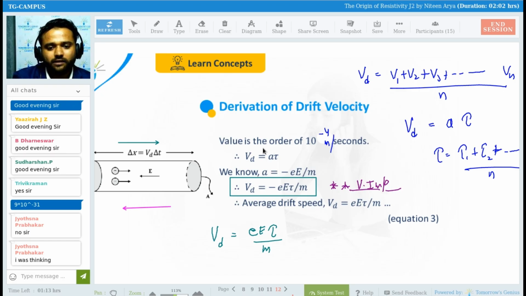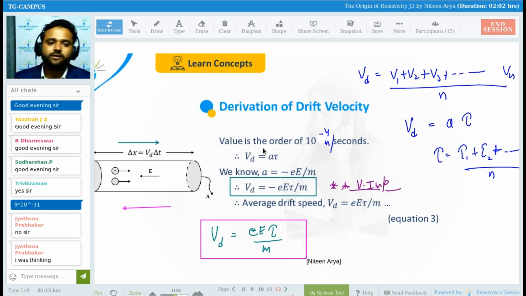We are curious to get the magnitude, not the direction. This negative sign gives us the direction reverse to the electric field, but when we are interested only in magnitude, we just skip that negative sign, and that is your average drift speed. Clear, everyone?